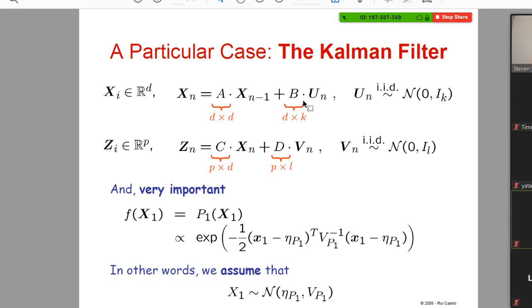Based on these two, this is a model, right? This is the state information, so the update of the states. If you have this model, even without measurement, if you know the previous states, you can use this model to predict the next states. This is called state prediction, using the model.